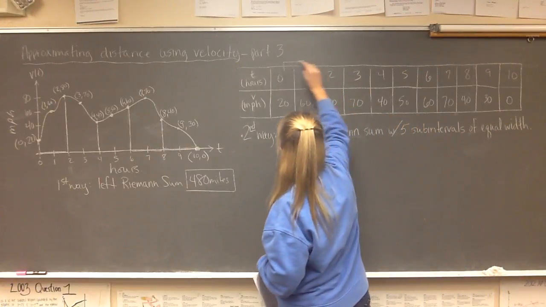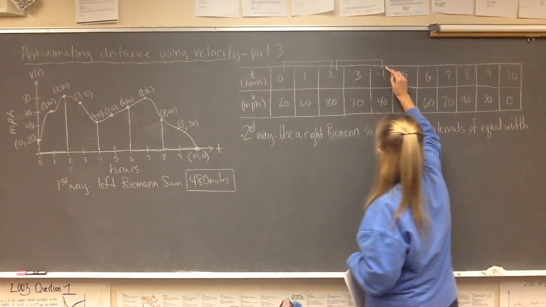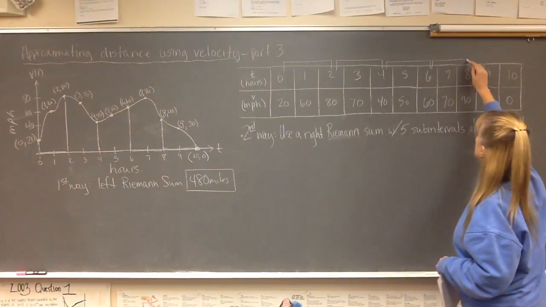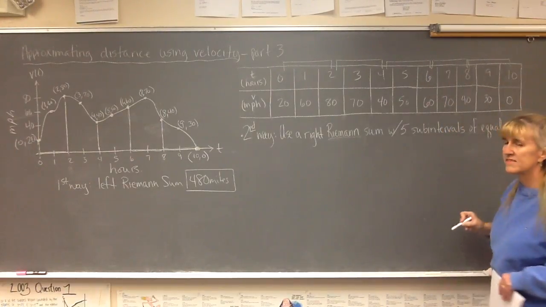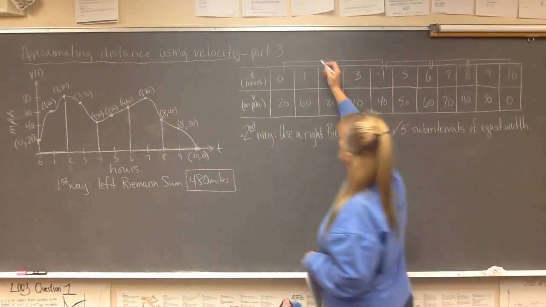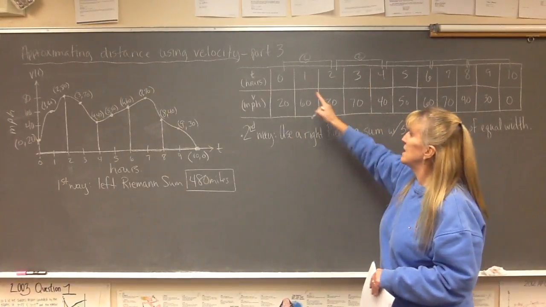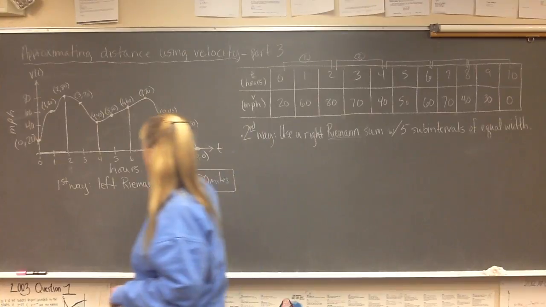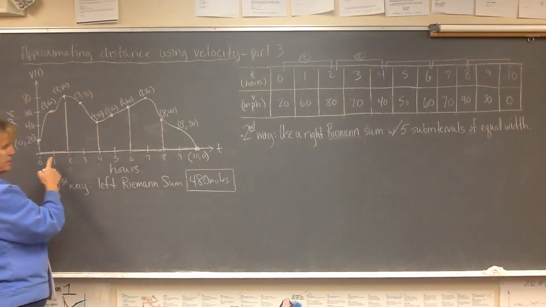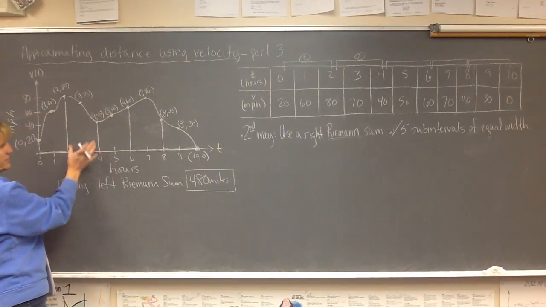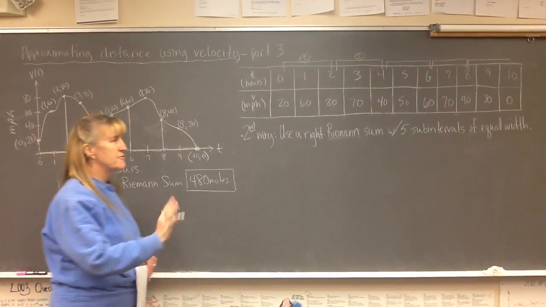Each one is going to be 2 hours long. So from 0 to 2, from 2 to 4, from 4 to 6, from 6 to 8, and then from 8 to 10. Each one of these represents a subinterval 2 hours long. And that's going to be considered the base of each of my rectangles from each subinterval.